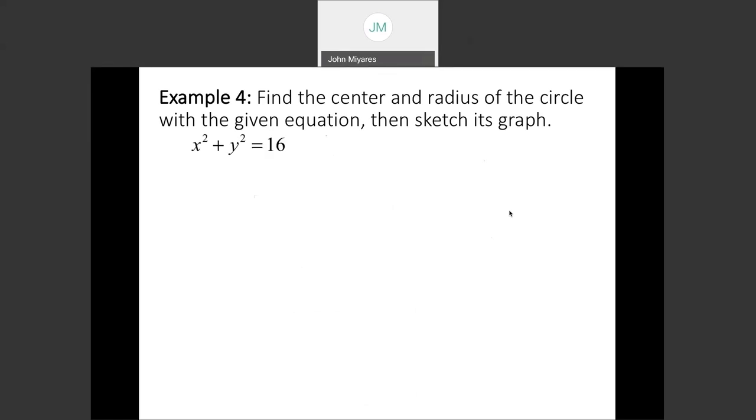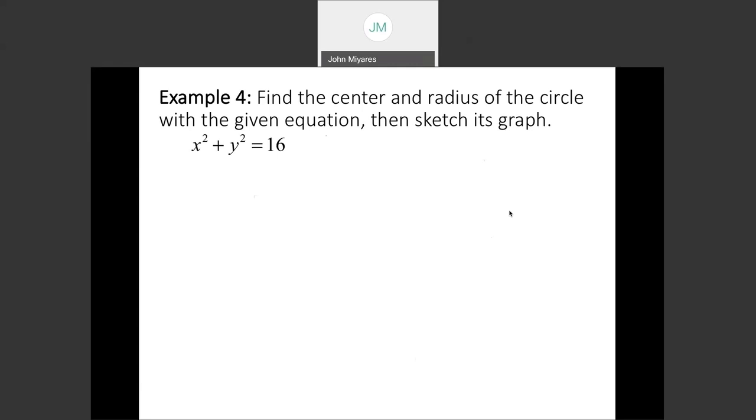Now, this example is very similar in that we are given the equation of the circle and asked to find the center and radius, but here there is apparently nothing being subtracted from the x and y terms being squared. This time, my equation is simply x squared plus y squared equals 16.